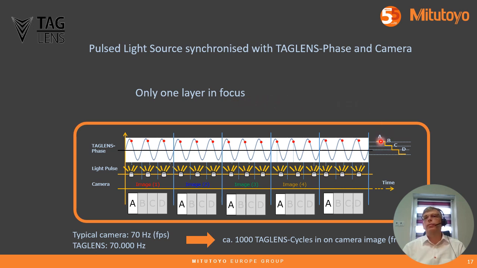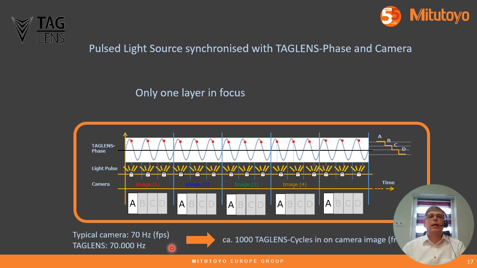If we have a structured sample with different heights, and we illuminate during our TAG lens cycle at a very specific point in this TAG lens phase where only this position is in focus, we can pick one layer in our camera image that is always in focus, layer A, because only at this point the focus is really illuminated.